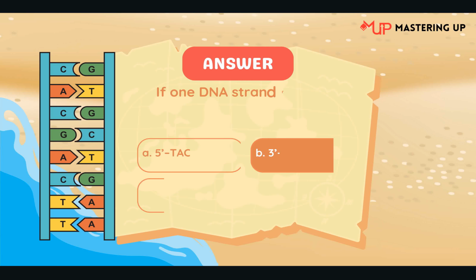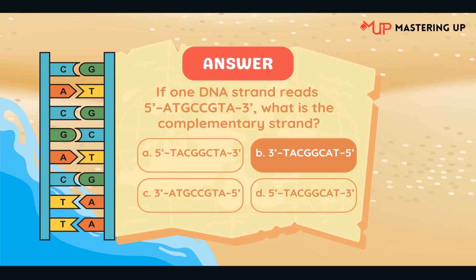The complementary strand would be option B, 3' TA CG GC AT 5'. Hope you got the correct answer.